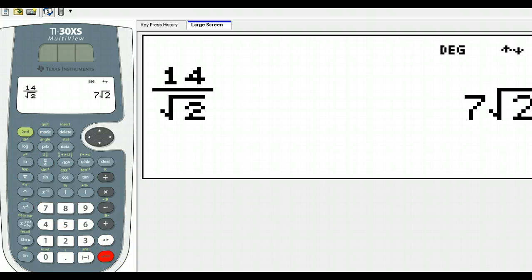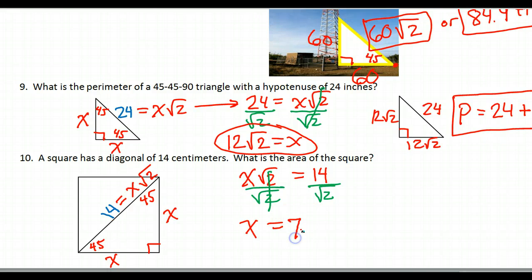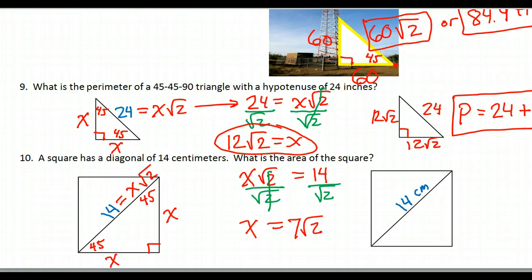That's 7 radical 2. So x equals 7 radical 2. So, understand what I'm dealing with. My hypotenuse is 14, and I've just found that my legs are 7 radical 2.